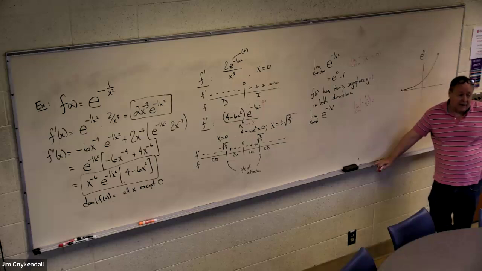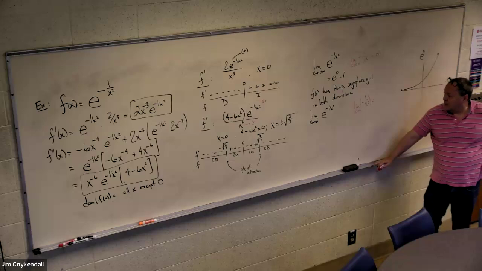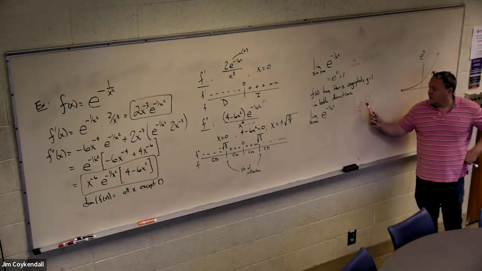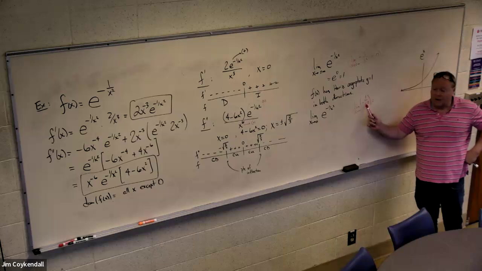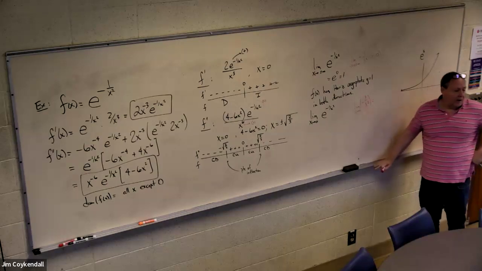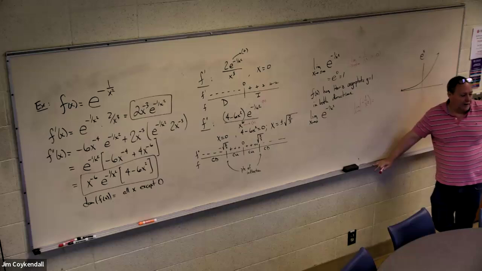Well, what about the whole shebang? Think of it this way. Forget the fact that it's squared just for a moment. What's 1 over a small number? What's 1 over a 10? 1 over a 10 is 10.